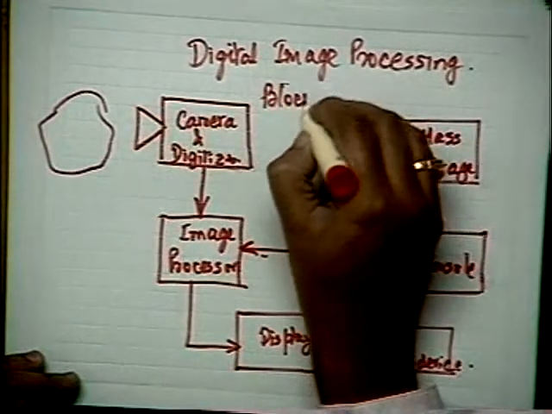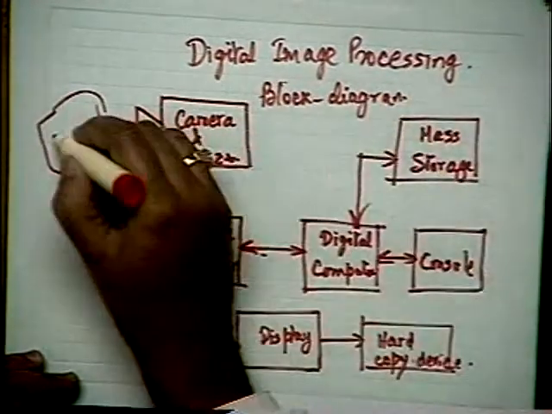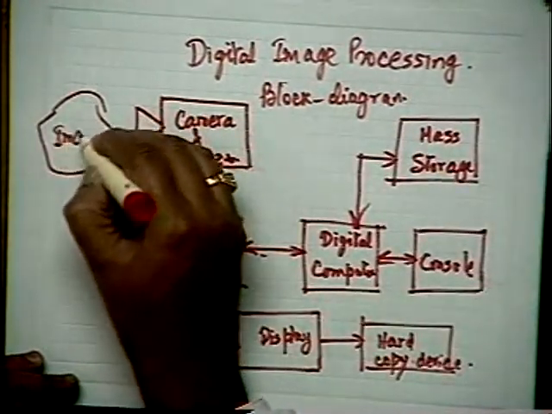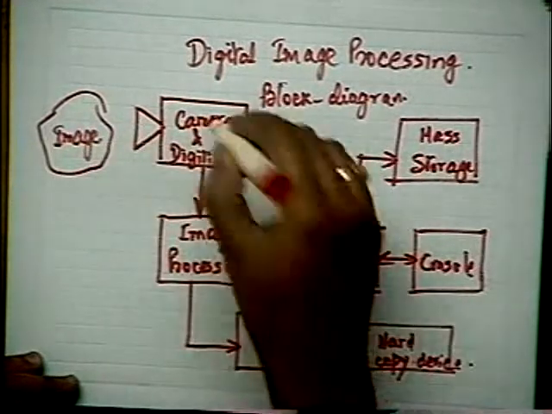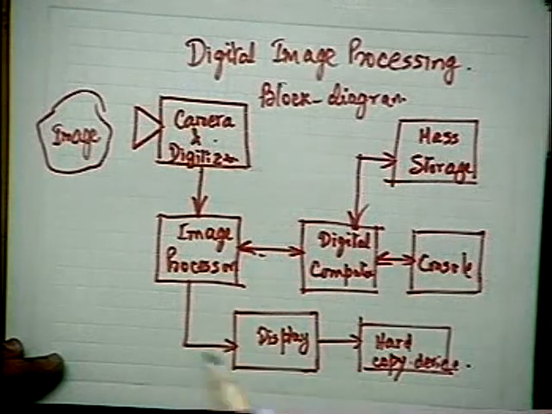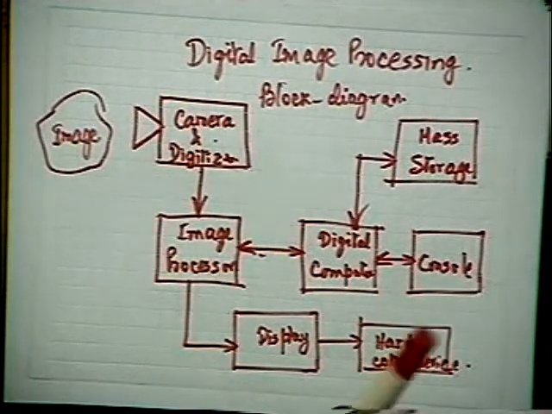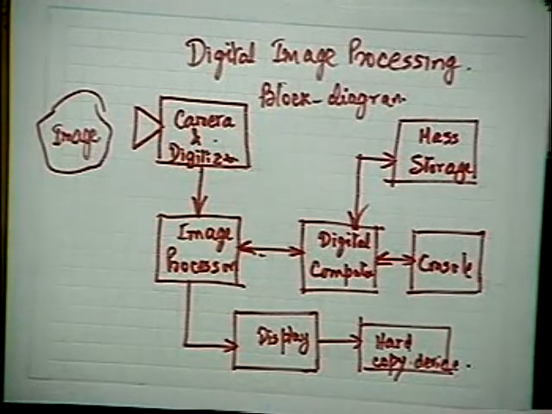So this is the block diagram that I have shown: from the physical image, camera, digitizer, image processor, digital computer, then giving the processed image to the display, and then if you want, you can have a hard copy device. Most of us today use high resolution laser printers, which I think give quite a good output.